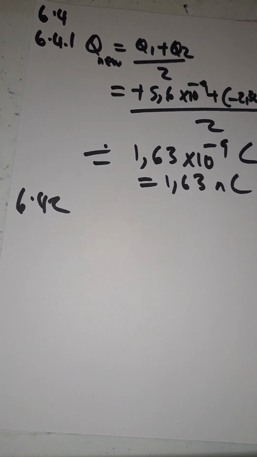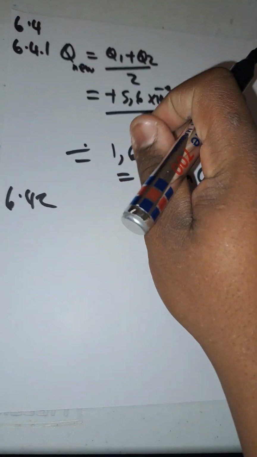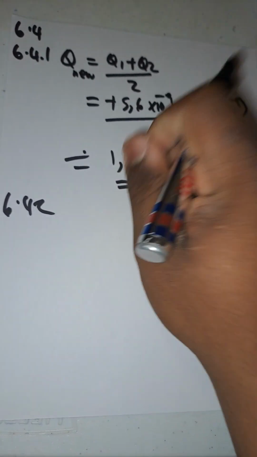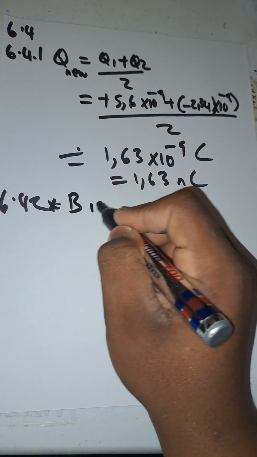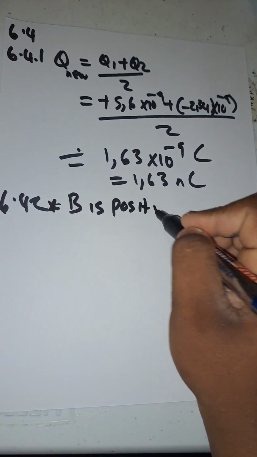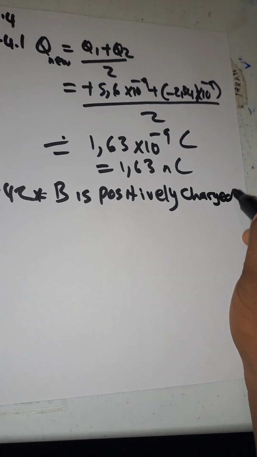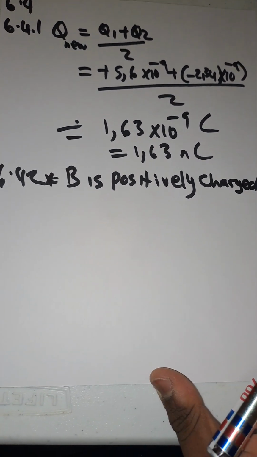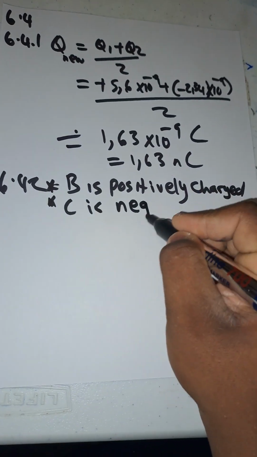B will be positively charged, because as you can see, the new charge for A and B is the same, it is that one. So B is positively charged, as I showed you there. And then you will see that C is negative, because that is what is given.